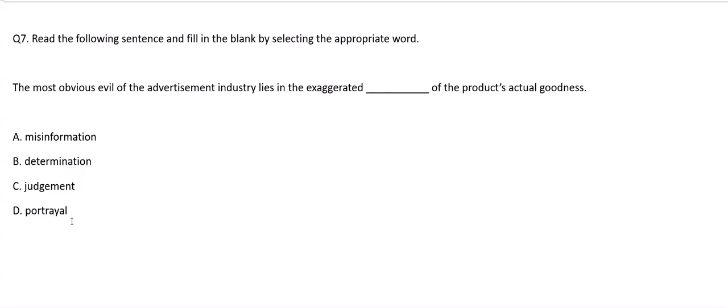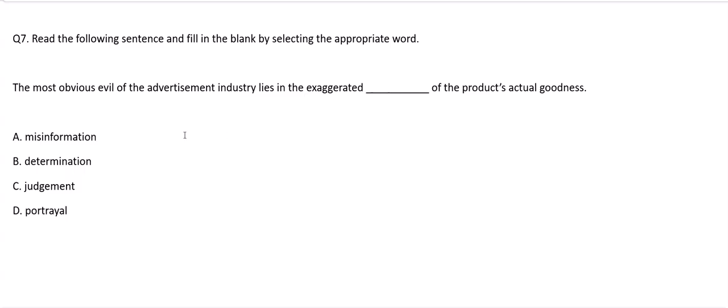If you see portrayal, companies do portray their products through advertisements, so generally students will go for portrayal as the best suiting. But according to the sentence, they're talking about the drawback of the advertisement industry. As companies do portray their products, it is not a drawback of the advertisement industry.